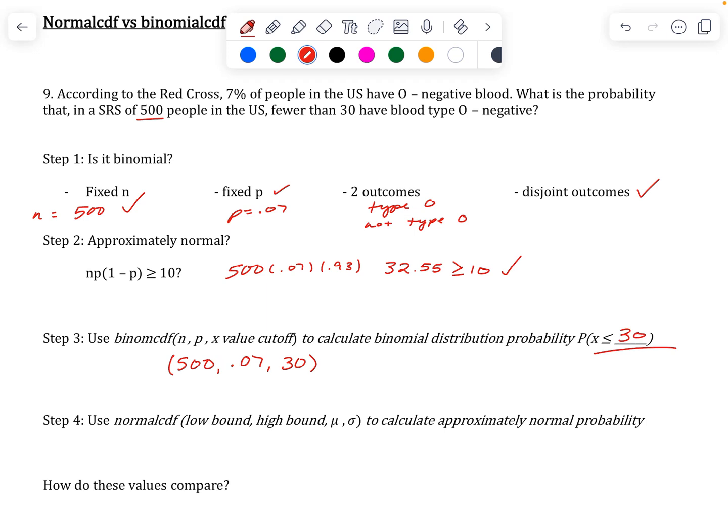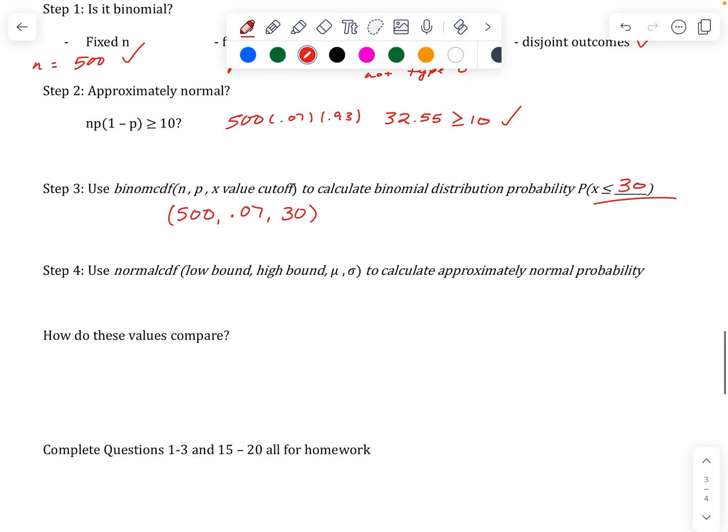Now, if I wanted to use the normal CDF, then I would need a low bound, a high bound, a mu, and a sigma. I know my low bound would be 0. I know my high bound is 30. But what I don't know is my mu or my sigma. So we have to calculate mu, which is np, or I'm sorry, mu sub x.